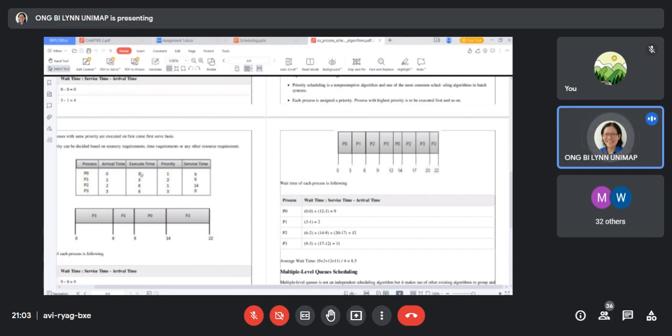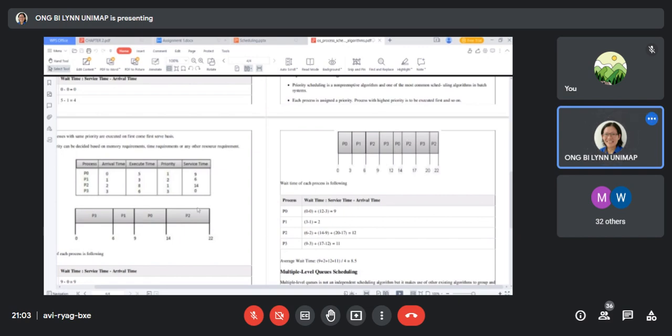When it is 5, it has already executed 3 units, leaving 2 units. That is why P0 runs only 2 units. P1 has already run 3 units, so it is finished. It goes home, so you cannot see P1 anymore.